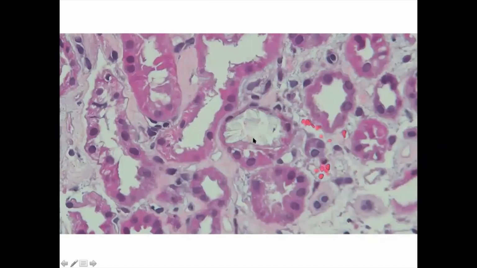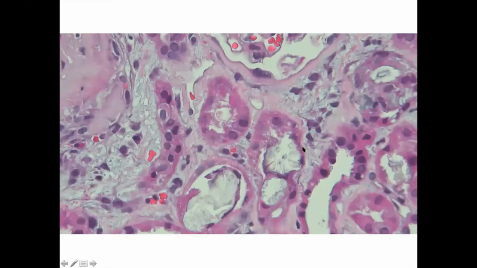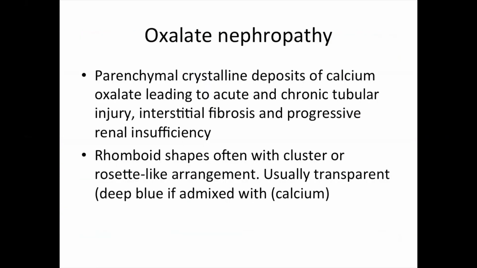The glomeruli are absolutely normal, they're fine, and we have these transparent, kind of bluish rhomboid crystals in the tubules, and they are injuring the tubular epithelial cells, causing flattening. They can be difficult to see, so they are polarizable. You can just try to polarize them.